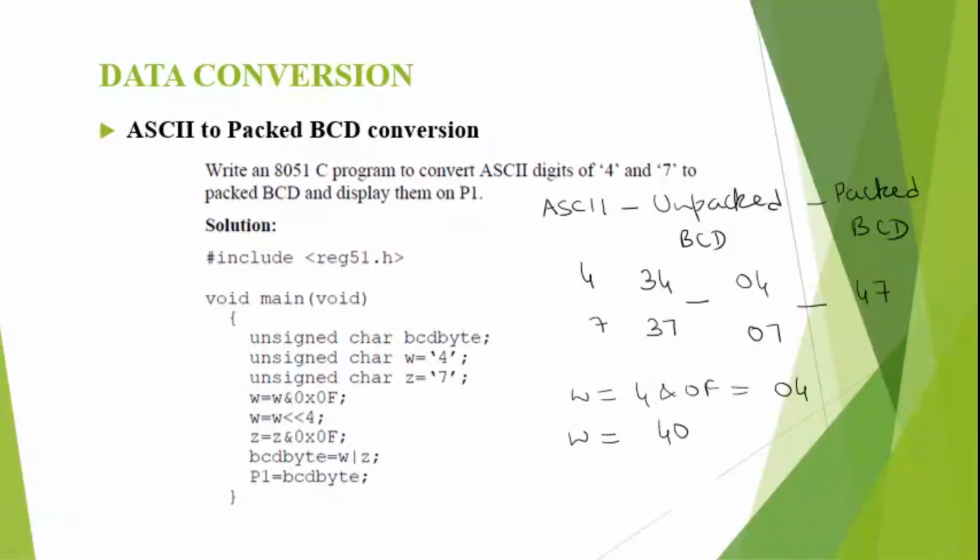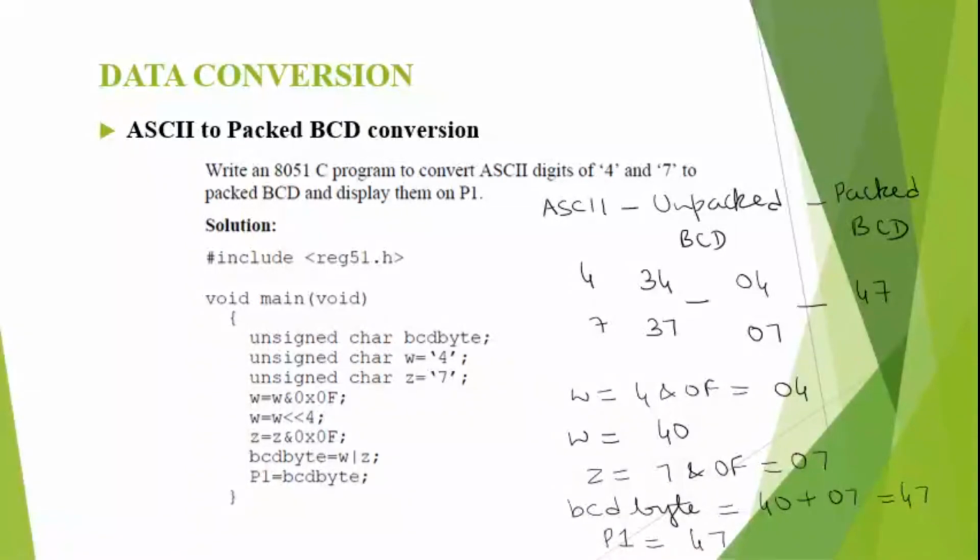Then Z is Z bitwise AND with 0F, that is 7 AND 0F, so we get 07. Then BCD byte is W OR with Z, that is 40 plus 07, that is 47, and then it is assigned to P1.